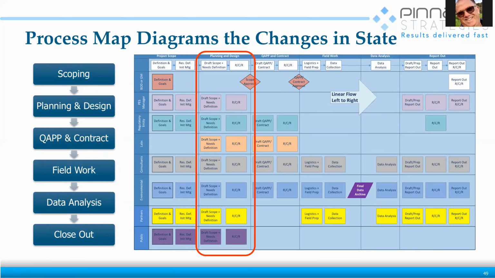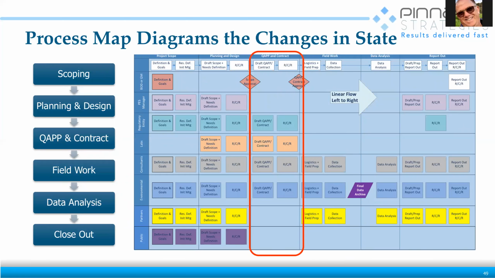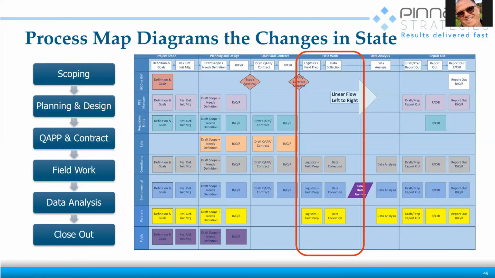There's project scope, planning and design, QAPP and contract. And in field work, I'm going to go to the next one here, they've also highlighted where the decision processes are, and you can see there's one decision right there, which I can't fully see on my screen.